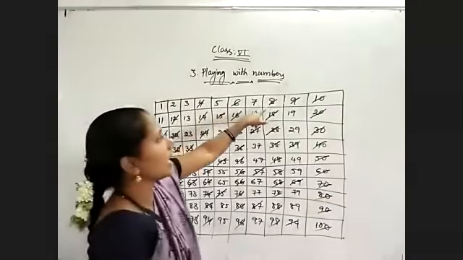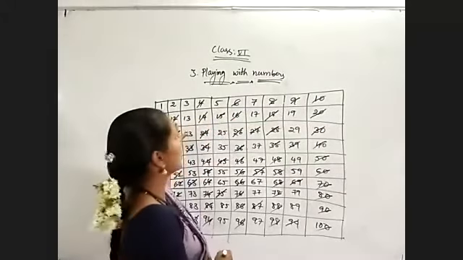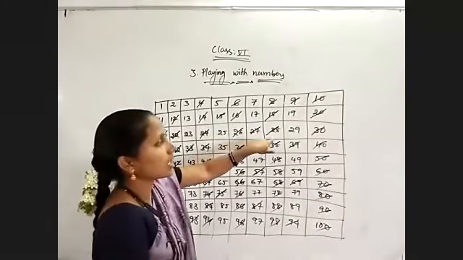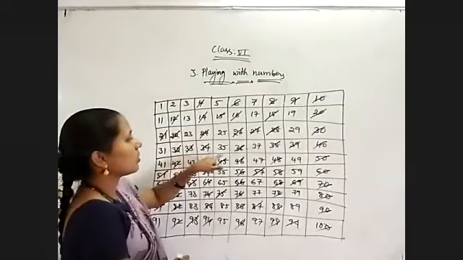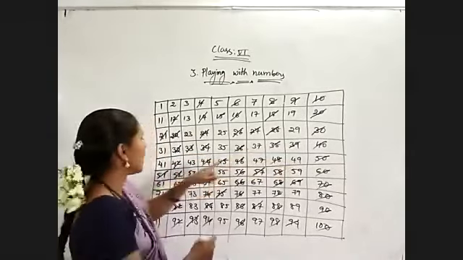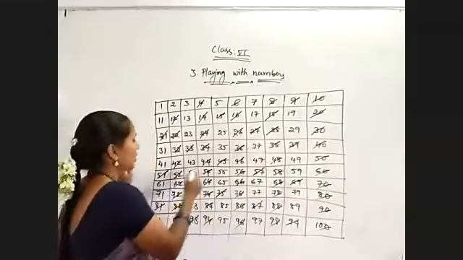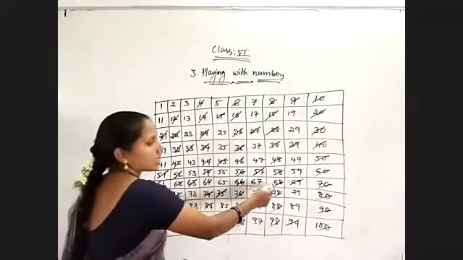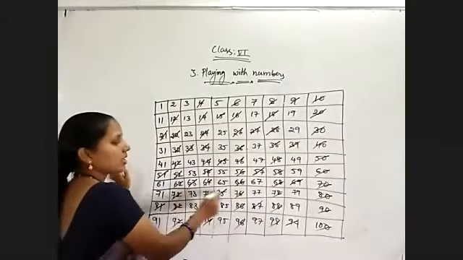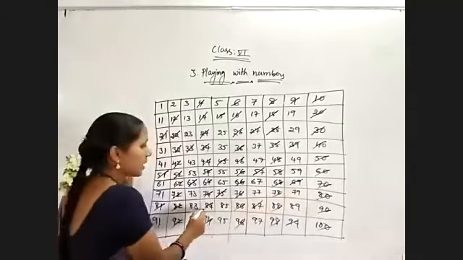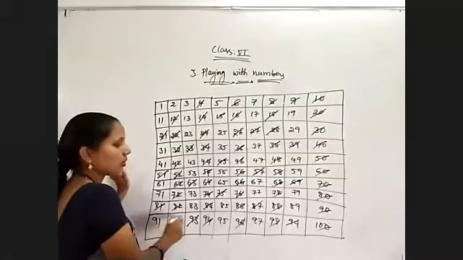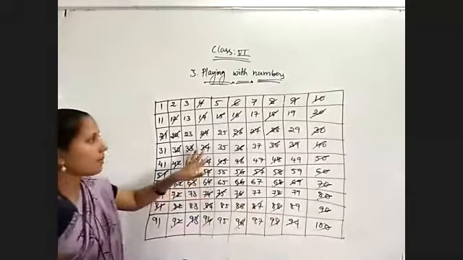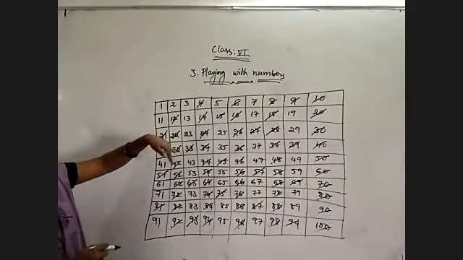So 4 2s are 8. 8 plus 4, 12, already finished. 4 4s are 16. 4 5s are 20. 4 6s are 24. 4 7s are 28. 4 8s are 32. 4 9s are 36. 4 10s are 40, 44, 48, 52, 56, 60, 64, 68, 72, 76, 80, 84, 88, 92, 96, 100. Completely the 4 table, whatever we checked, all those numbers are already cancelled.